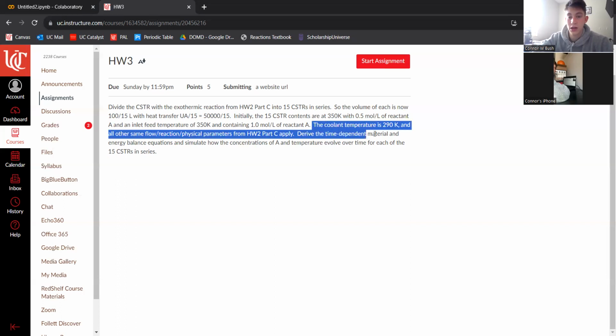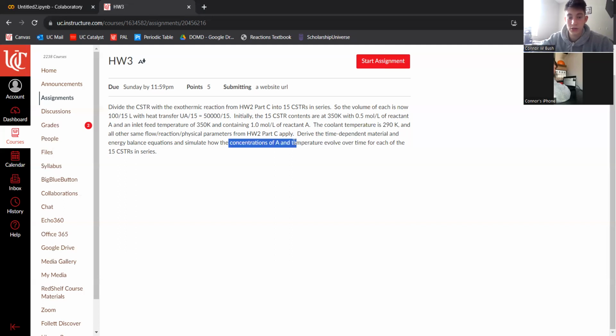The coolant in the jacket is at a constant 290 Kelvin, and all of the other parameters from homework 2 part C apply. We're going to derive the time-dependent material and energy balance equations, and then we're going to simulate the concentrations of A and the temperature of each of the CSTRs as they evolve over time.